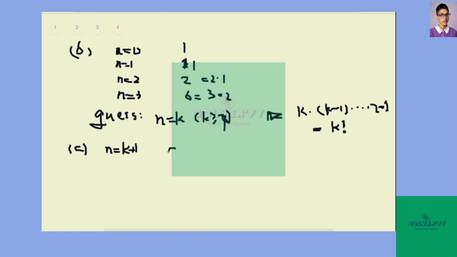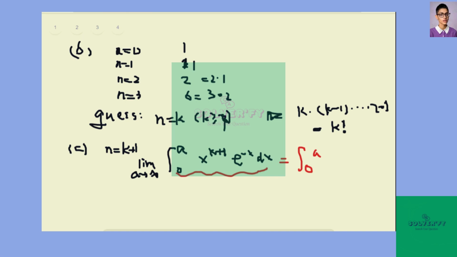For this case, this is the limit as A goes to infinity of the integral from 0 to A of x^(k+1) e^(-x) dx. Here we also use integration by parts, so this definite integral is equal to the integral from 0 to A of x^(k+1) d(negative e^(-x)).